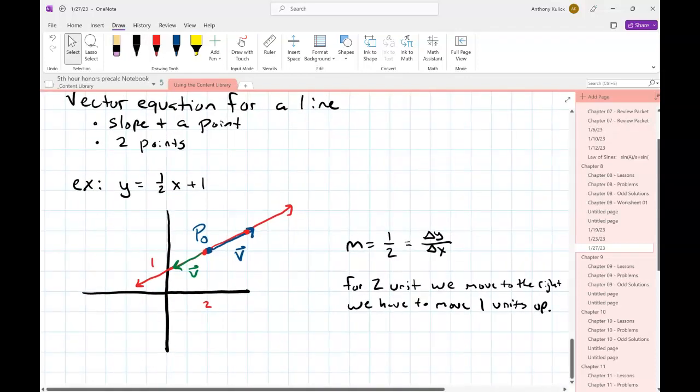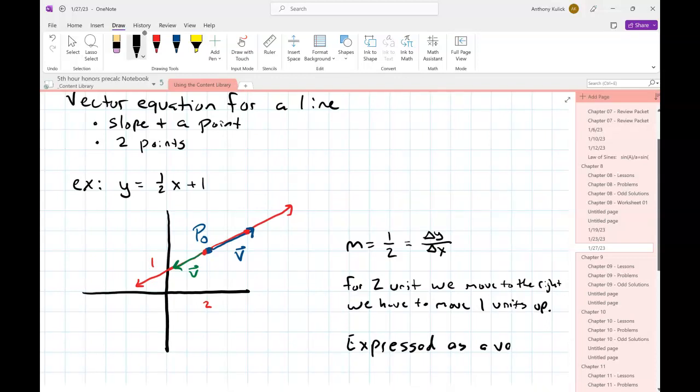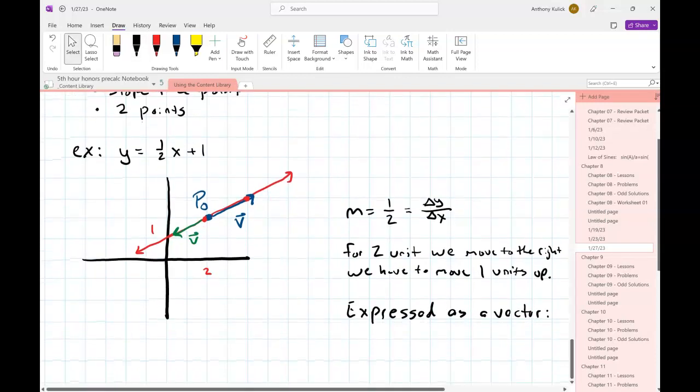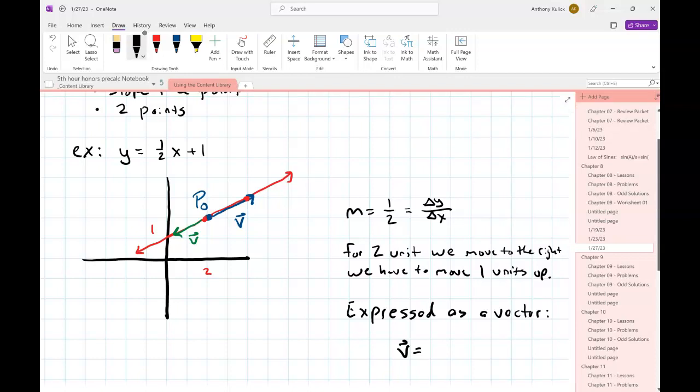Now, if I want to express that as a vector, what would we say the vector is that expresses that idea? So it'd be the vector 2, 1, or really we're going to write it as column vector notation.